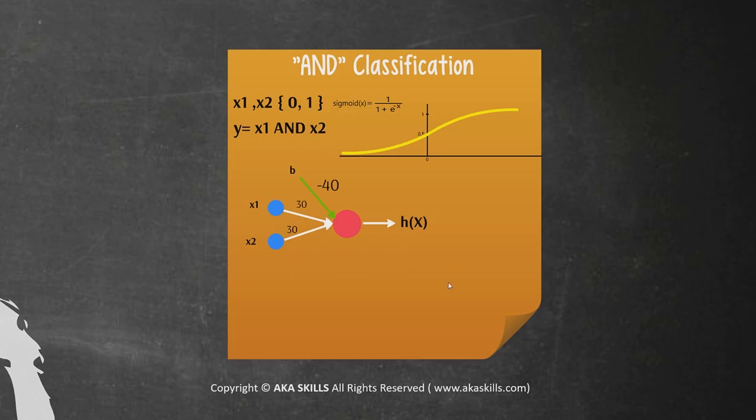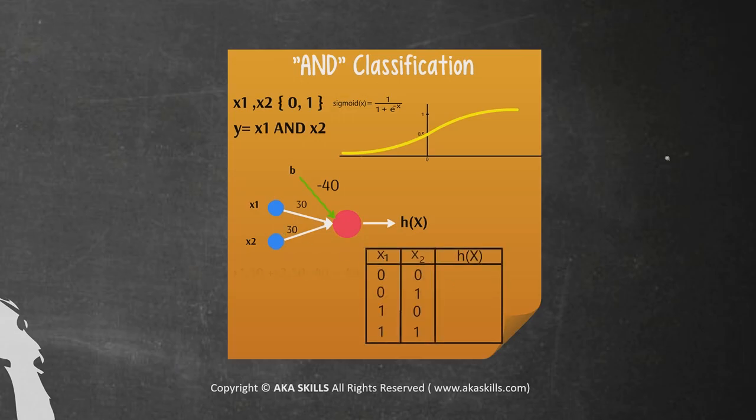What do these parameters mean? We saw how to do the computation for neural networks, so let's do it in this real example. The first computation we have to do is multiply x1 by 30 because it's the weight, and x2 by also 30 because it's the weight, and then plus the bias. That means plus minus 40.